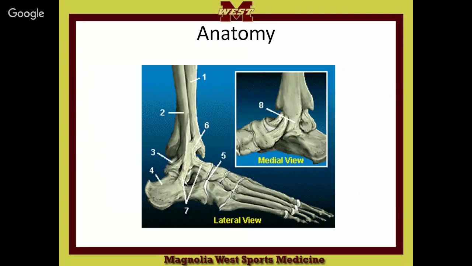We know number one is what? That this is the lateral view. The tibia, exactly. And number two is what? The fibula. Okay, so if number 7 connects the fibula to the calcaneus, what ligament would that be? Right. And what about number 3?